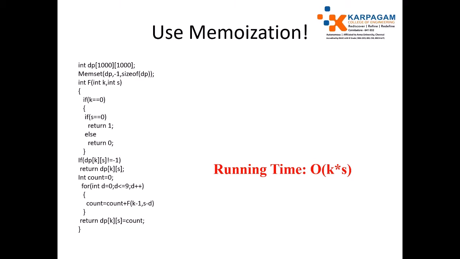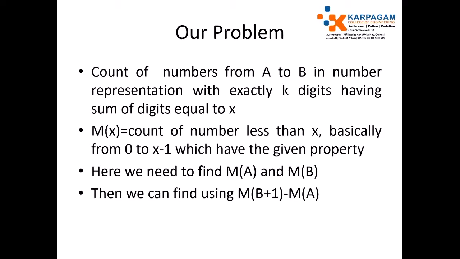Now our problem is to count numbers from a to b with exactly k digits having sum of digits equal to x. That is, we need to find m of x, the count of numbers less than x, basically from 0 to x minus 1, which have the given property.